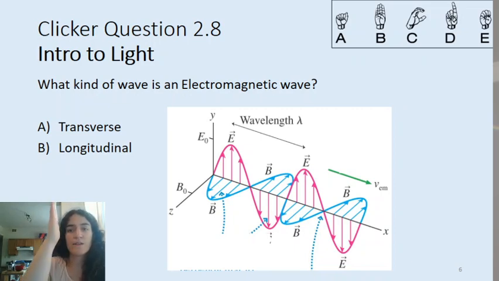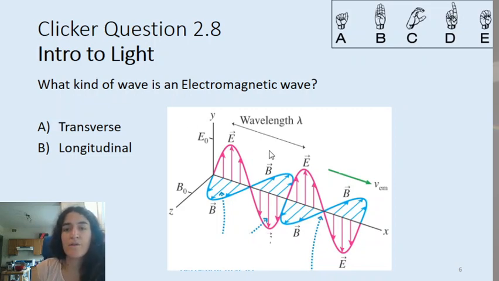So the electric field is actually moving in the XY plane. The magnetic field is moving in the XZ plane.